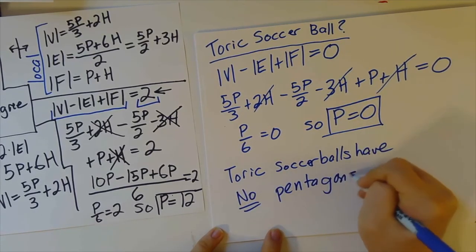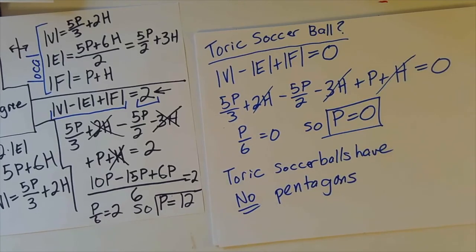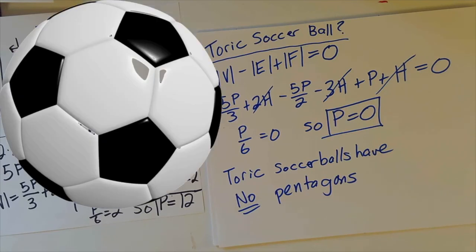So if you dreamed of me showing you a picture of a soccer ball that had these black pentagons and white hexagons like this, but it was in the shape of a torus, well, I can't do that because there aren't any. The only quote-unquote soccer balls you can make on a torus only use hexagons.